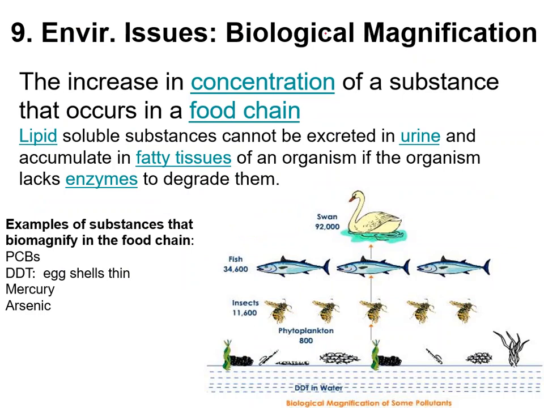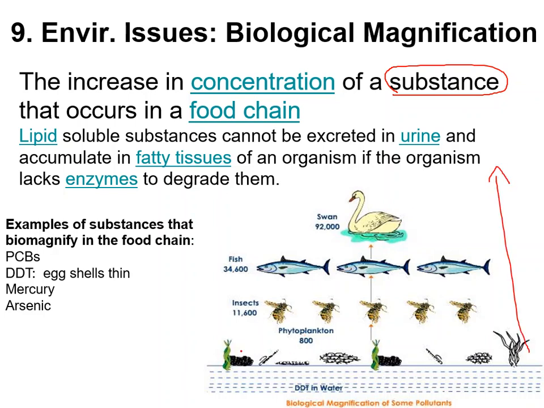So environmental issue number 9. Basically, humans mess everything up. The last one here is biological magnification. This is the increase in the concentration of a toxin or a substance that makes its way up the food chain.